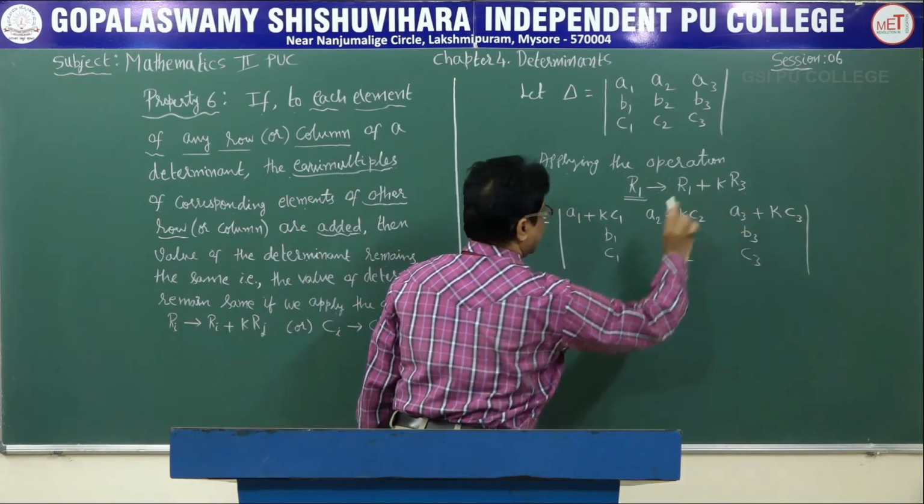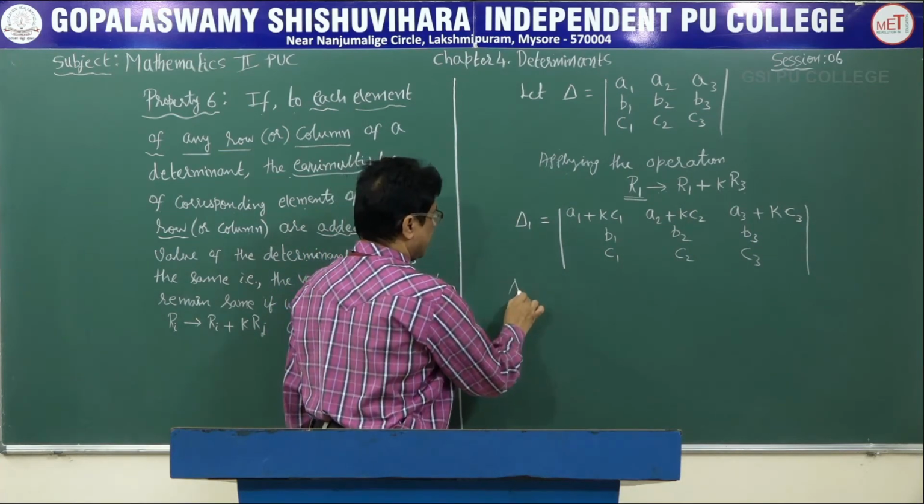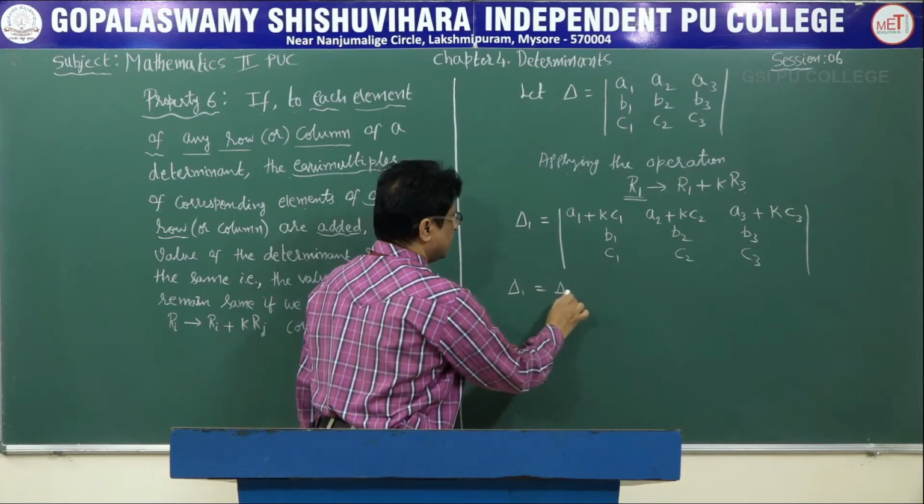Only R1 has been changed. Finally, we have to prove that delta 1 is equal to delta.